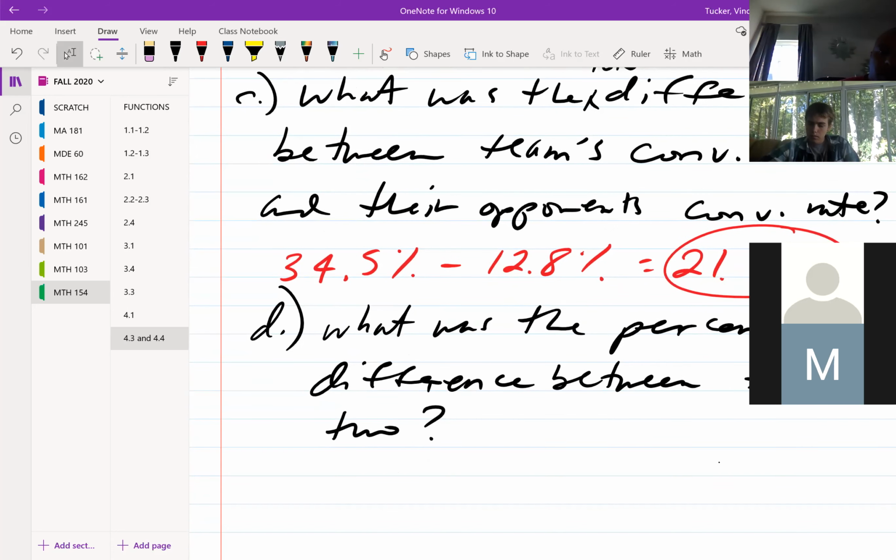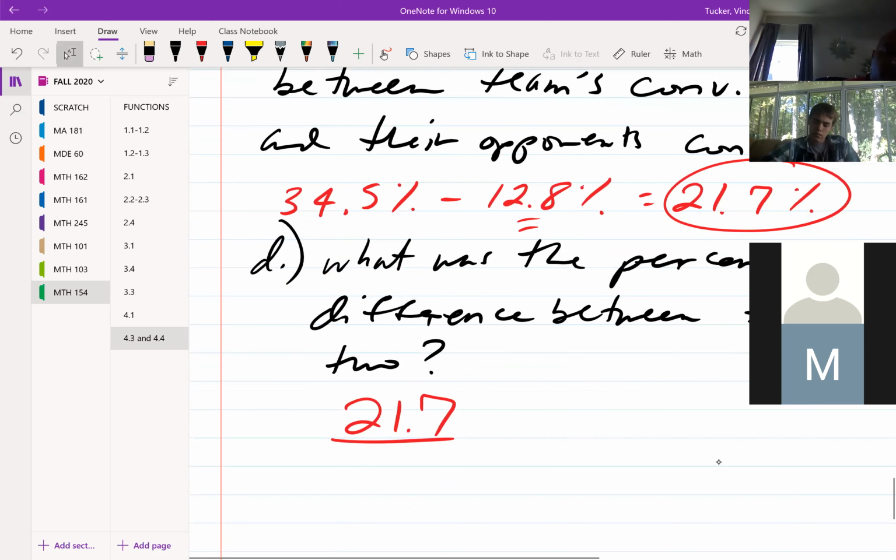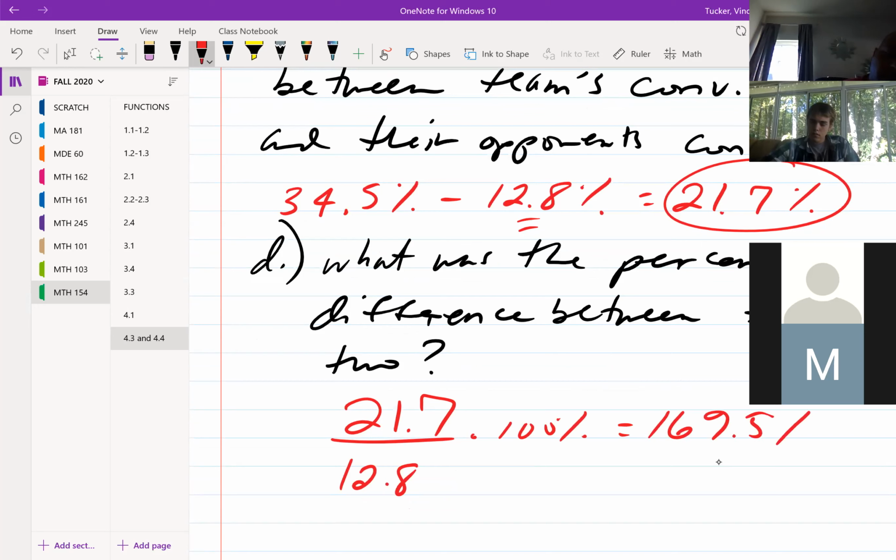So they say that the way you can do it is by taking that 21.7 and dividing it by the team's opponent conversion rate, multiplied by 100, 169.5%.